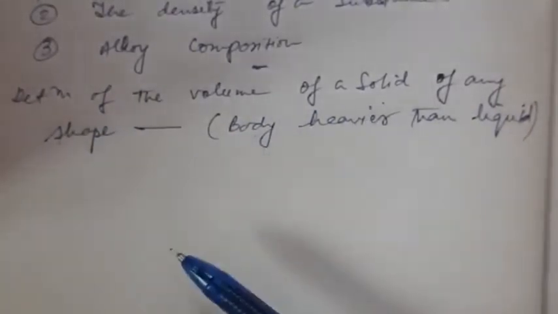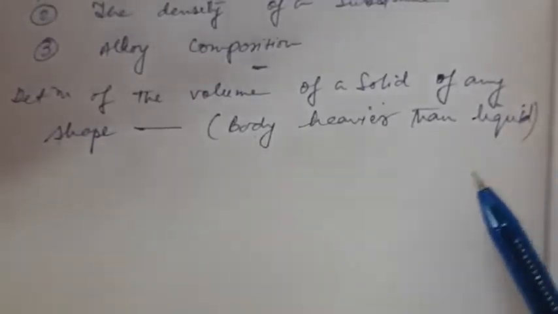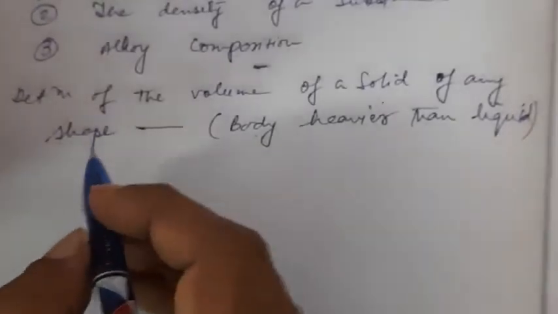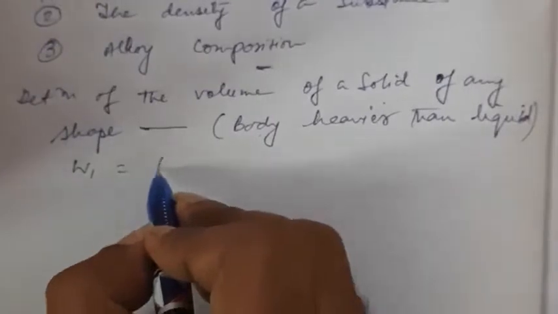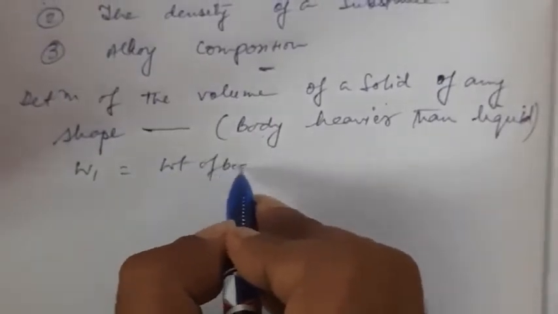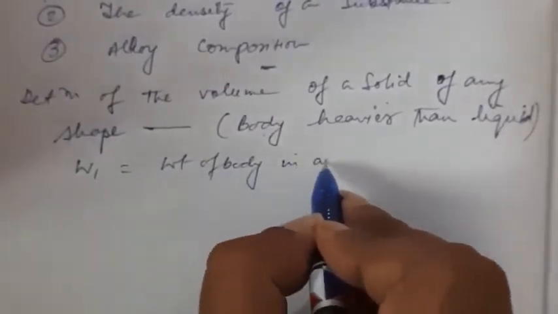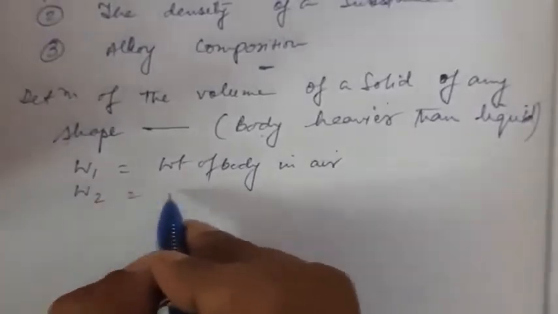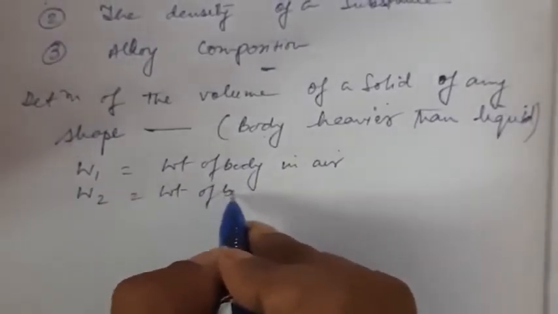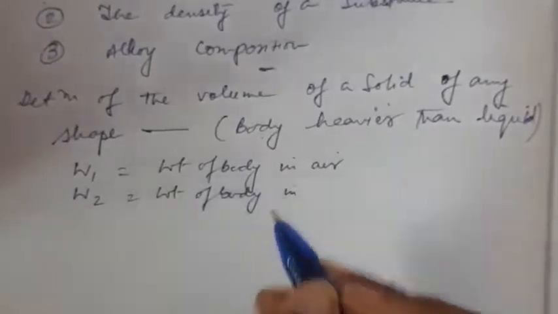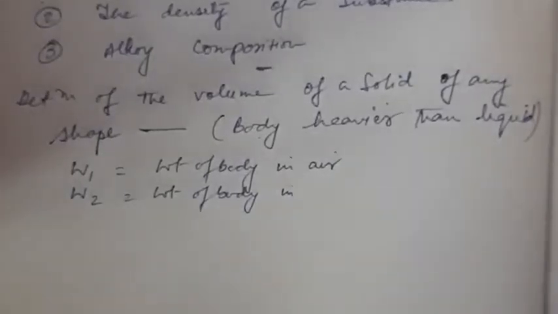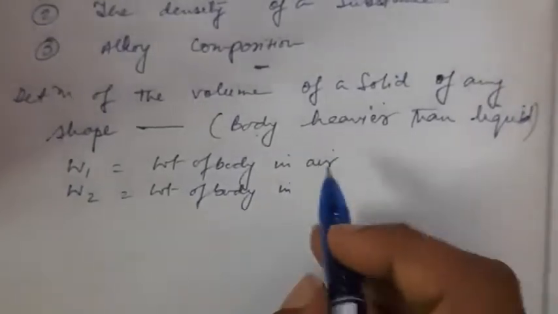We will also discuss a case in which the body is lighter than the liquid. Now W1 is the weight of the body in air. W2 is equal to the weight of the body in water, or you can write liquid.